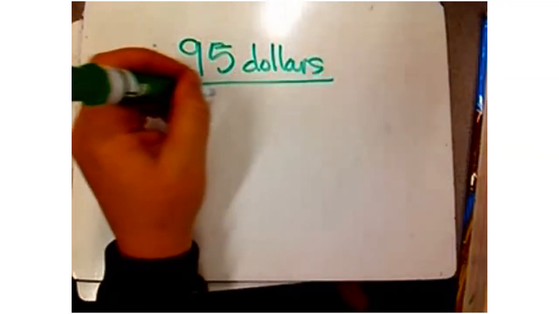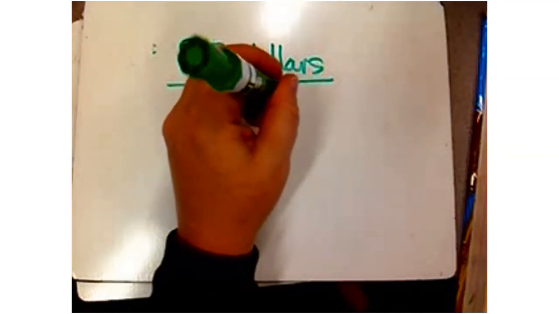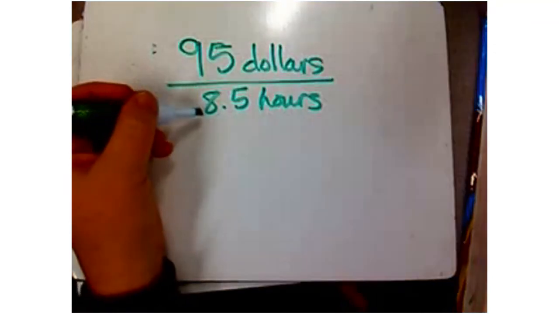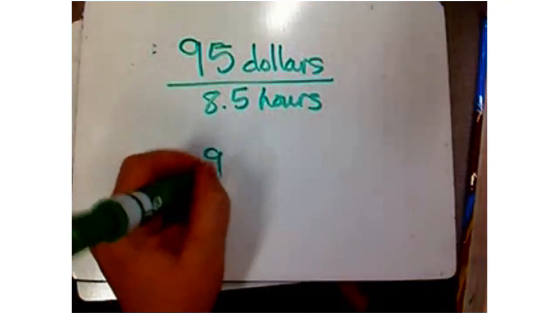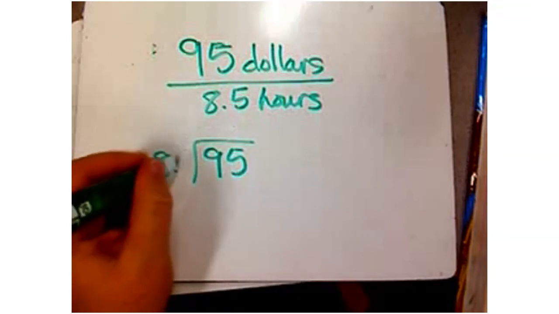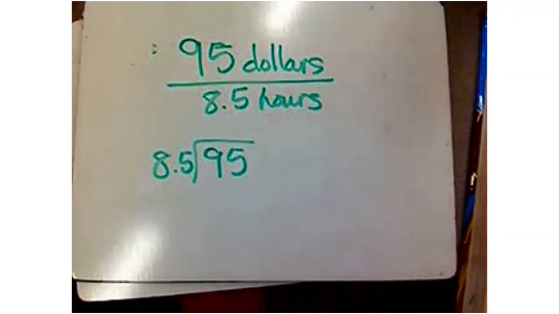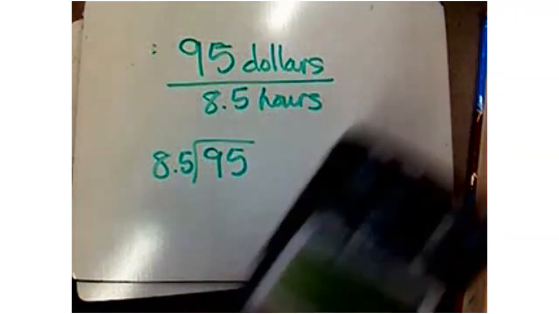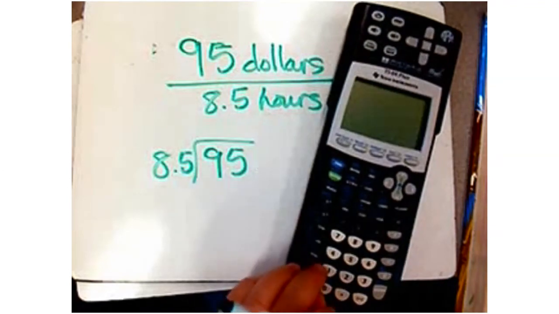Example 5 talks about a very popular work problem. If the person worked 8.5 hours and received $95 for their efforts, what is the hourly rate? So you would take $95 over 8.5 hours. Well, that just means $95 divided by 8.5 hours. Your book does the long division, but I'm okay with you using your calculators now to be good problem solvers and more efficient.